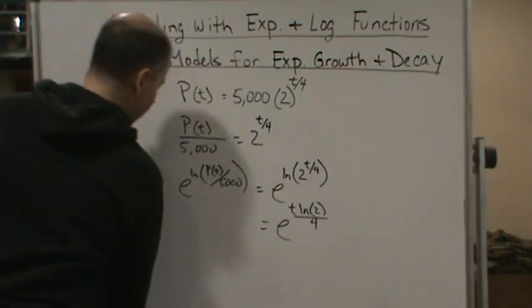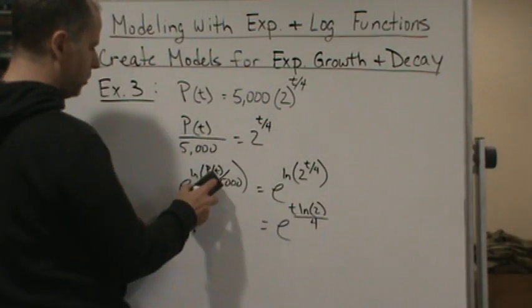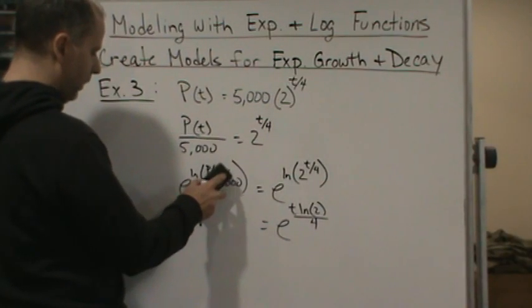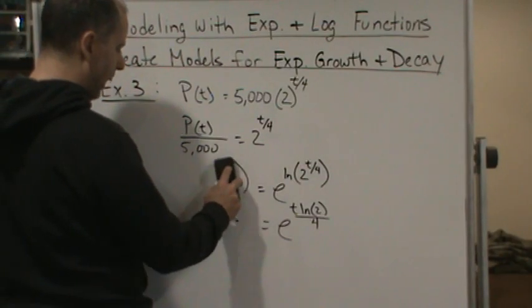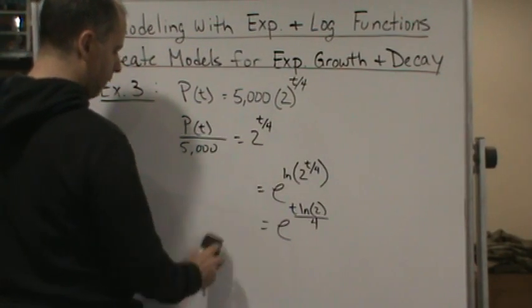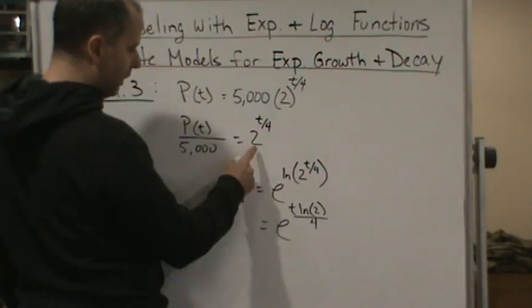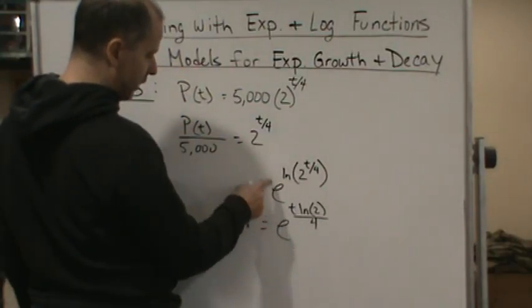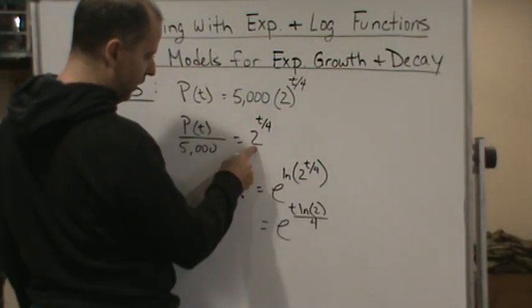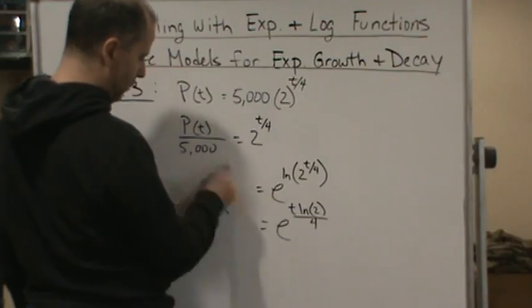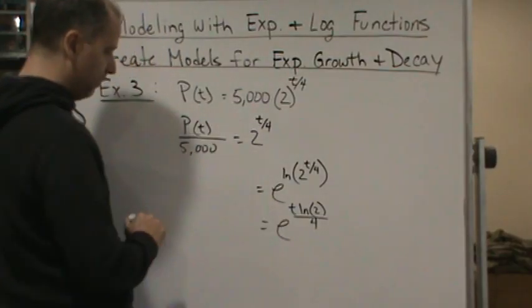Right? Now, looking at this, I really didn't have to exponentiate both sides because all I did was rewrite this as an equivalent expression, right? So this is the same as this. So I didn't have to do anything on this side.